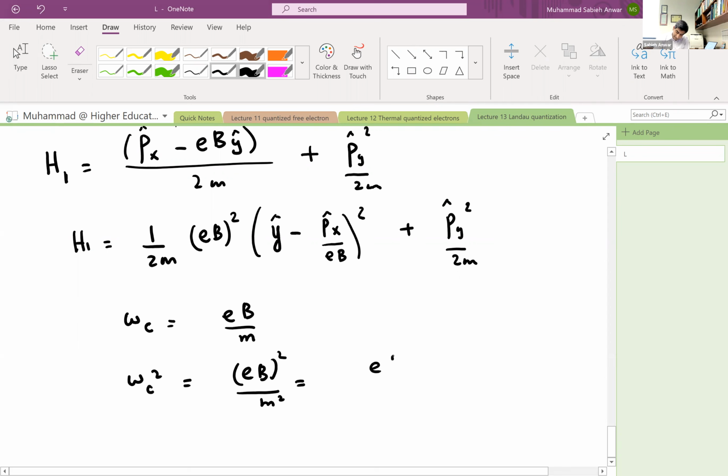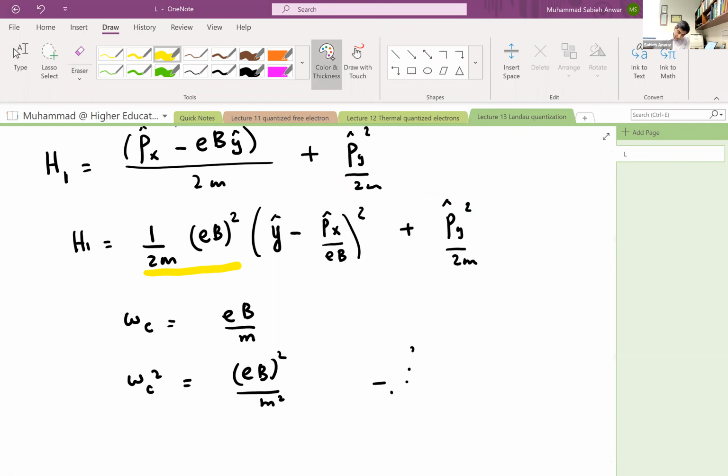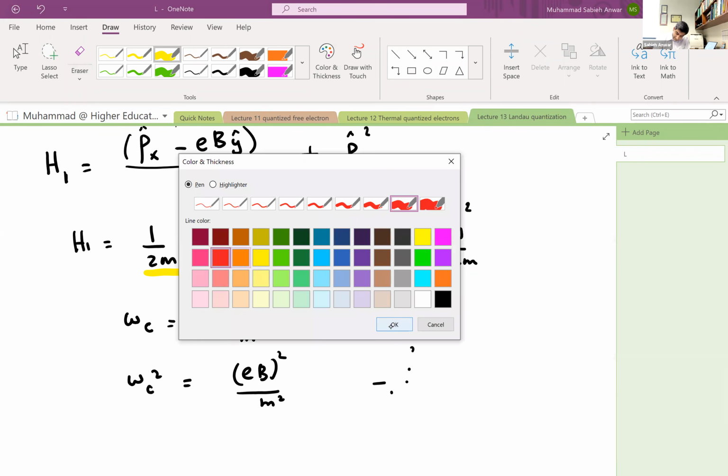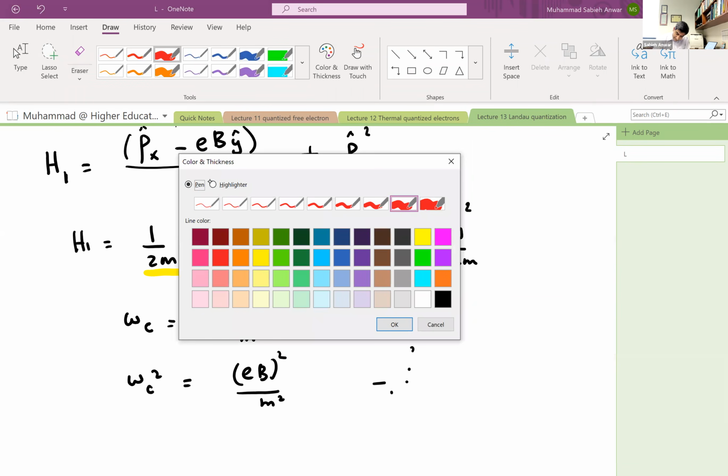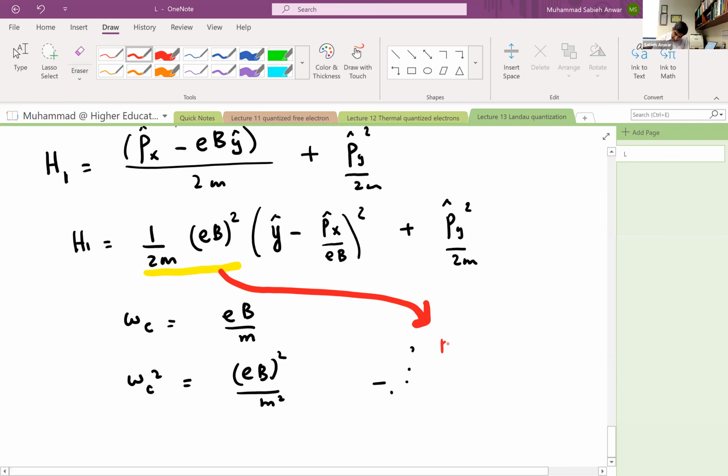Okay. So this prefactor can also now be written as half m omega c square.